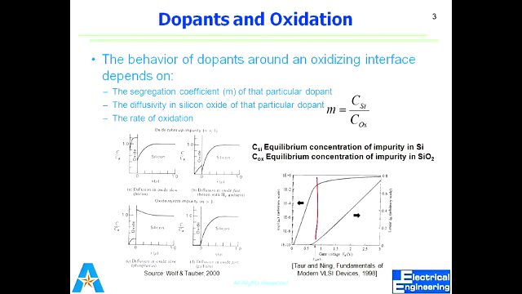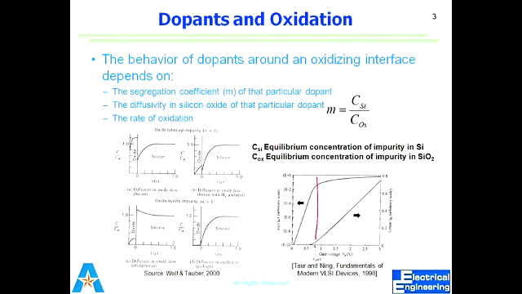Every particular dopant has its specific diffusion rate. So the second parameter that can affect the redistribution of a dopant is the diffusivity of that dopant in the oxide layer.